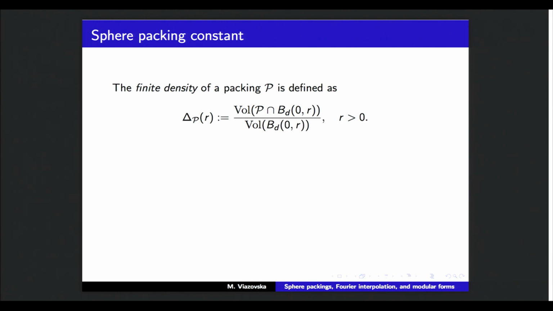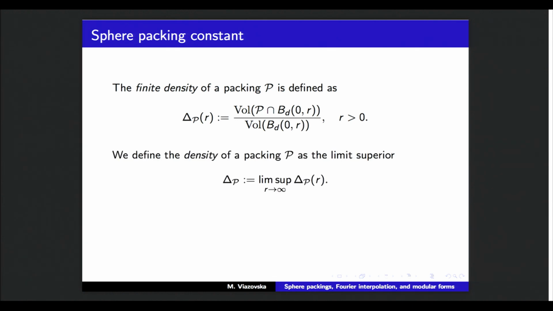For this, let's define the density of a sphere packing. First, let's define a finite density. We take our packing, take a very big ball with center at 0, and intersect our packing with this ball. The volume of this intersection is some finite number, so we divide it by the volume of the ball, and we obtain a finite density which depends on this number r. Now we would like to take the radius r to infinity.